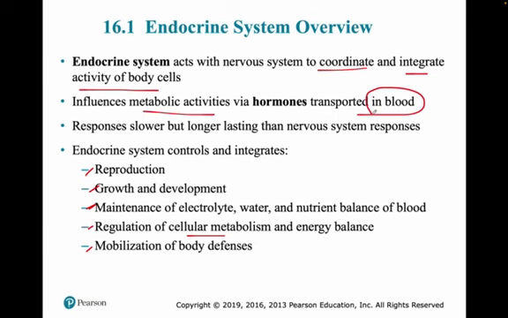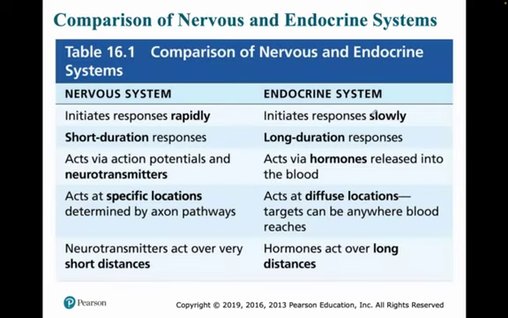So this is a slower system. If we directly compare these two systems, the nervous system initiates response really rapidly, and the endocrine system initiates response really slowly. The nervous system has a short duration response, the endocrine system has a long duration response.